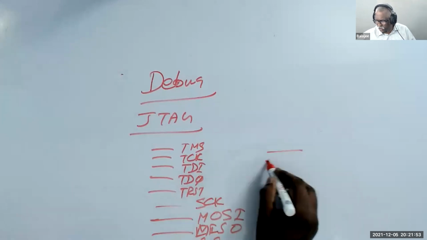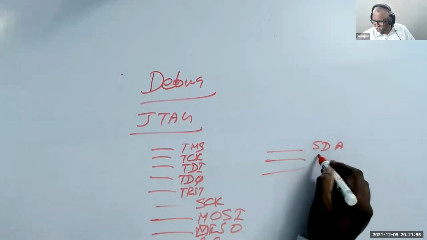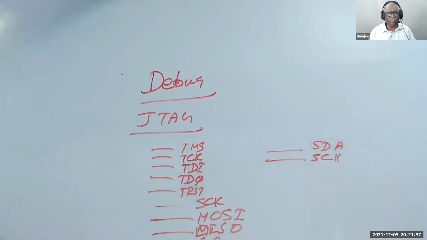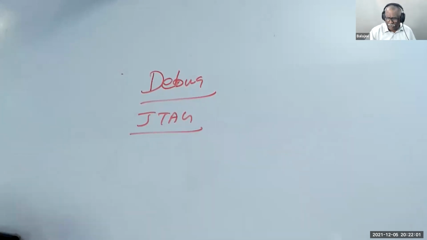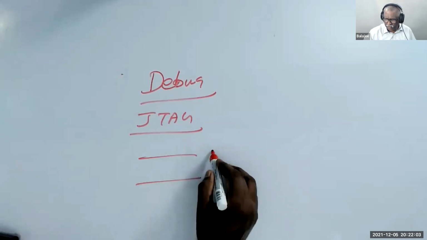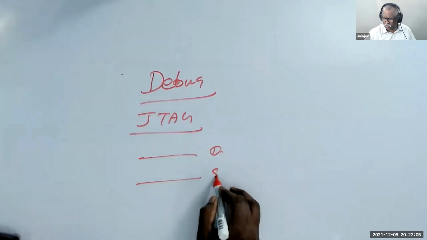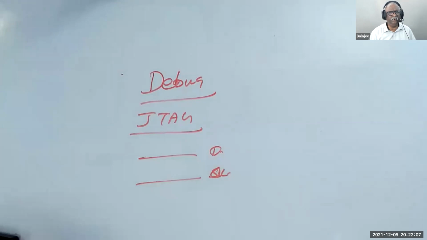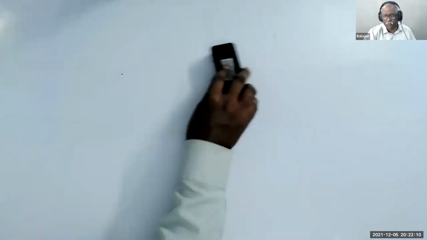Like I2C, SDA and SCK, you have two. Like that, JTAG has a 5-wire interface and SWD has a 2-wire interface, data and clock. All are synchronous. Nothing is asynchronous. Everything is synchronous.